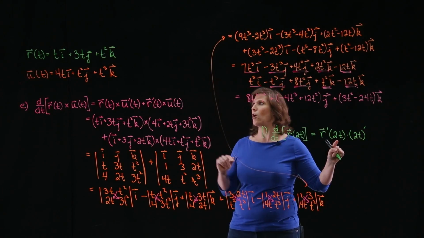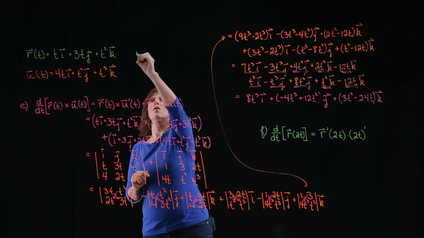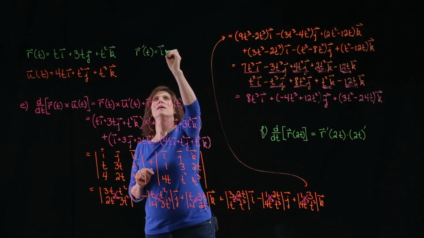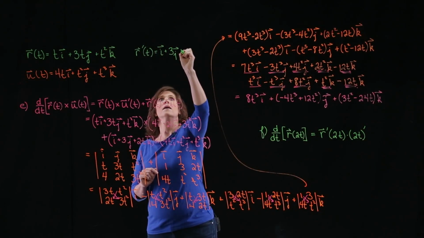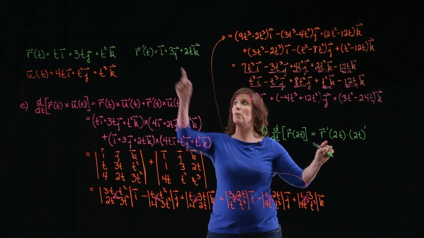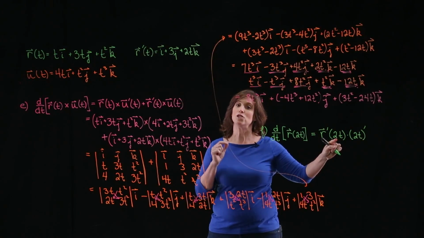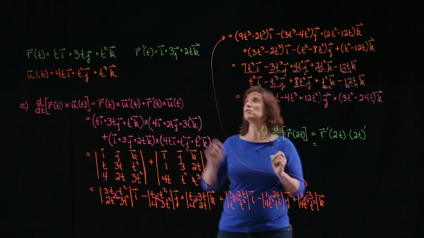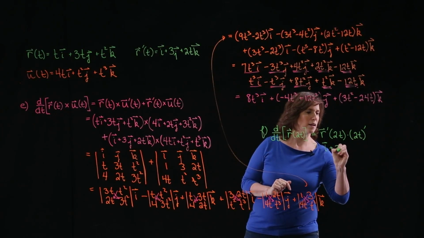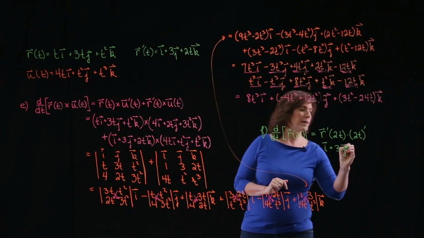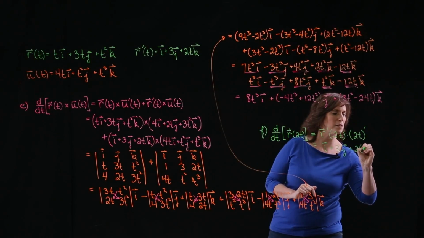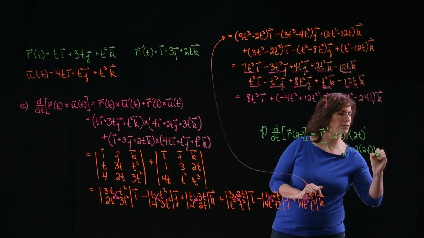Let's just remember for a minute what r prime of t is. So r prime of t is going to be i plus 3j plus 2tk. So I want to evaluate this derivative when the input is 2t. So when the input is 2t, notice that I just have i plus 3j plus 2 times 2t, so 2 times 2t times my vector k.